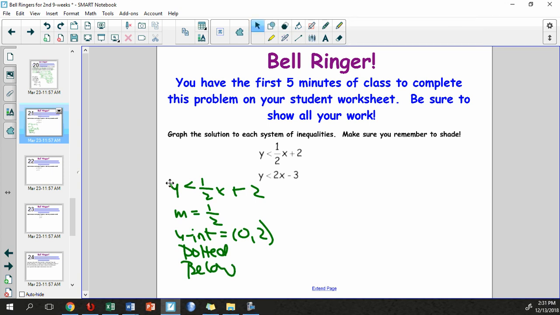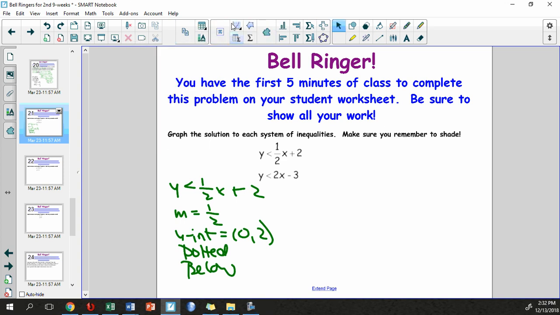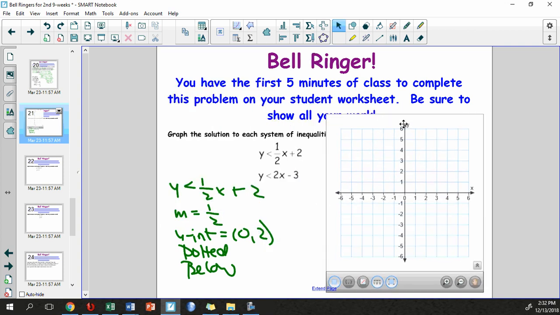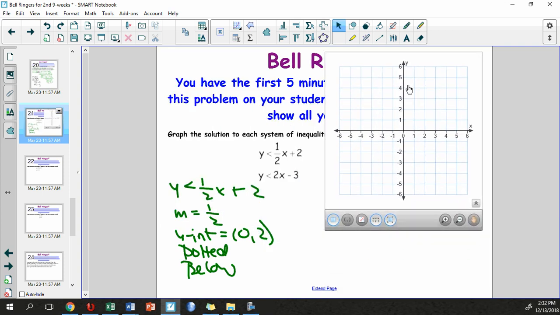So if I go ahead and pull up my graph paper here, and I graph this, I'm going to go ahead and graph the point (0, 2).